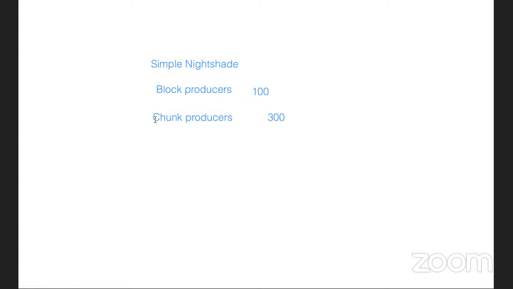For block producers, it basically works the same way as today, with modifications. We just take the block producer proposals and take the top 100 of them.